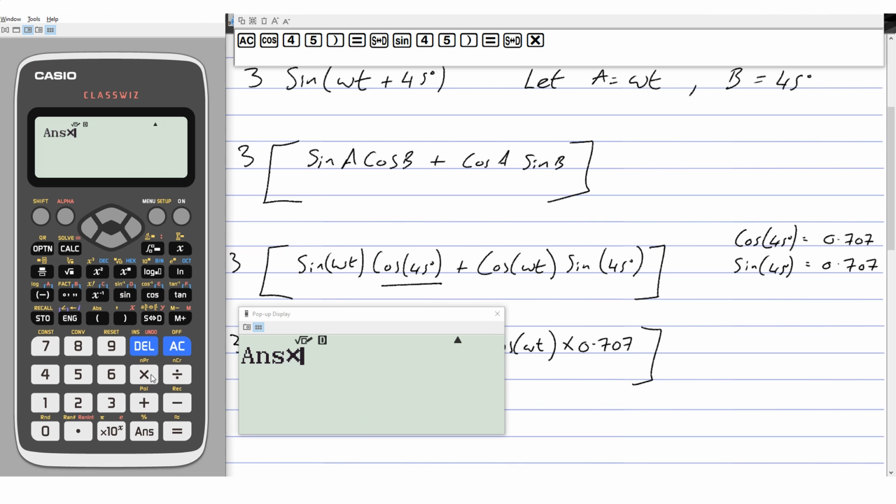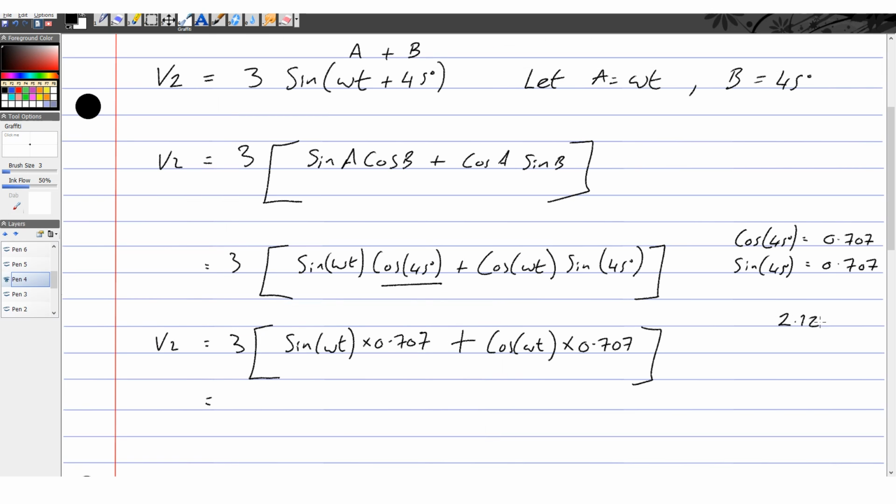That gives us 2.121. I'll just make a note of that. That's 3 lots of 0.707. So V2 is equal to 3 times 0.707 sine omega t, which is 2.121 sine omega t, plus 3 lots of that 0.707 cos omega t.